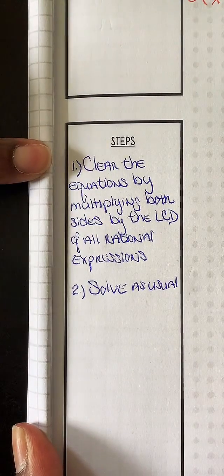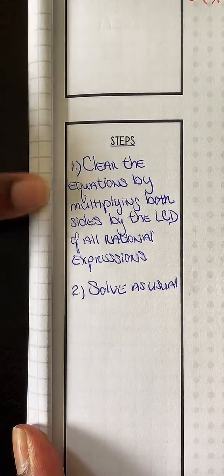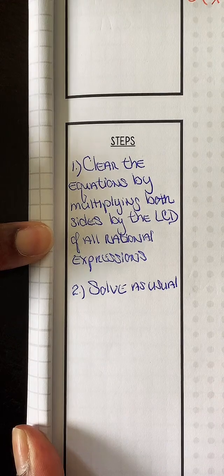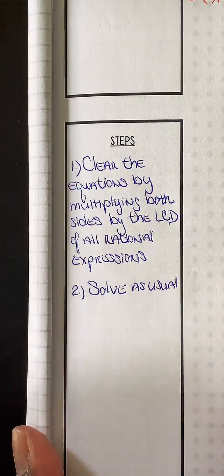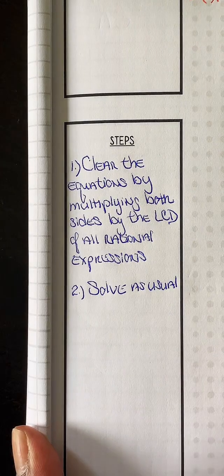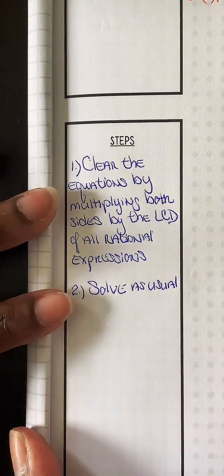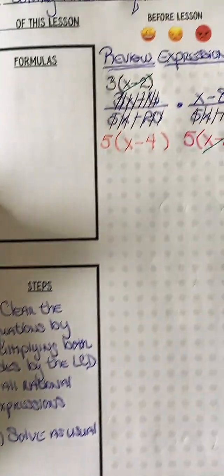We have to clear the equations by multiplying each side by the LCD, the least common denominator, okay? Once we do that, then we can solve the equation as usual. So this is what I'm talking about. Let me go real slow.